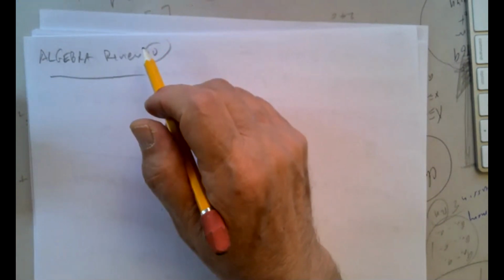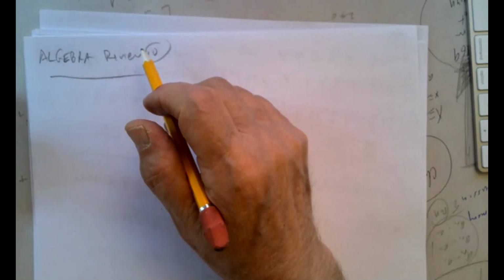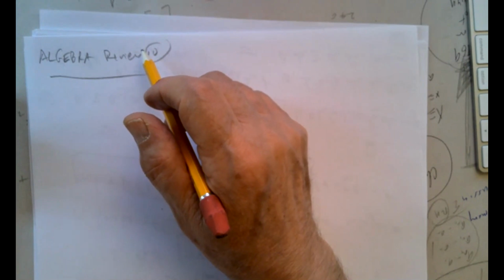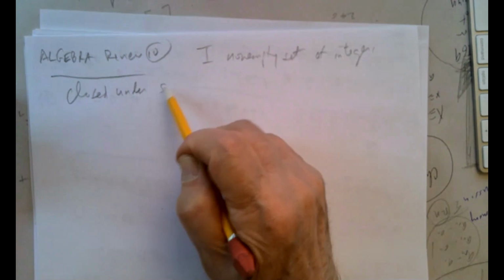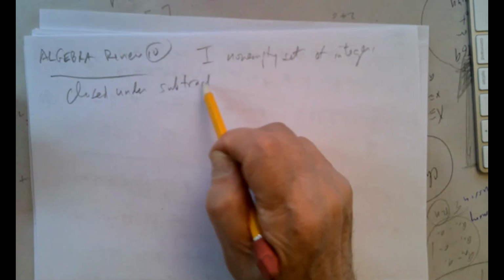So problem 10 on the algebra review is the following. I is a non-empty set of integers closed under subtraction.